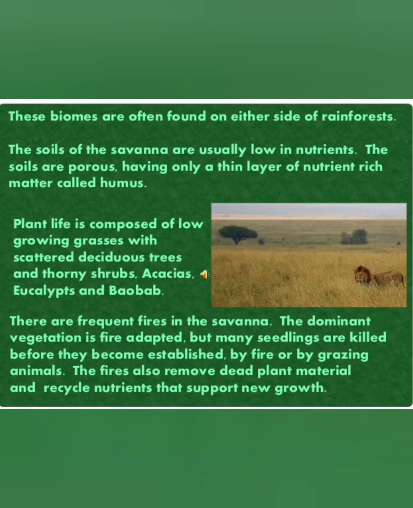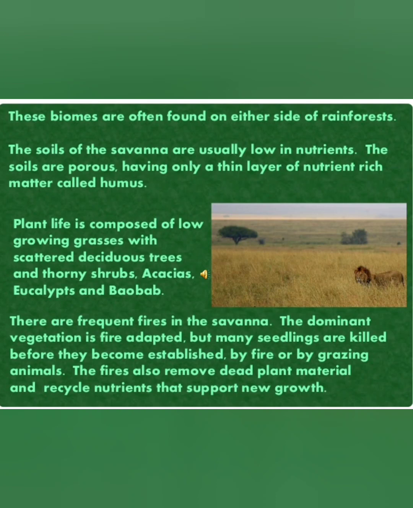Plant life is composed of low growing grasses with scattered deciduous trees and thorny shrubs: acacia, eucalyptus, and baobab.